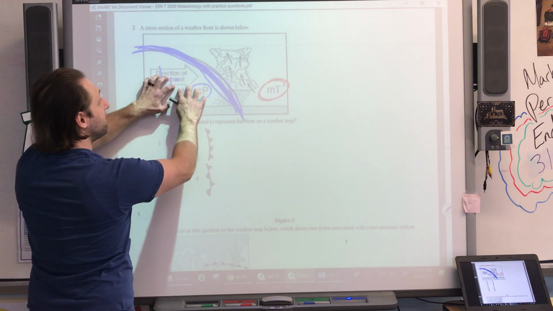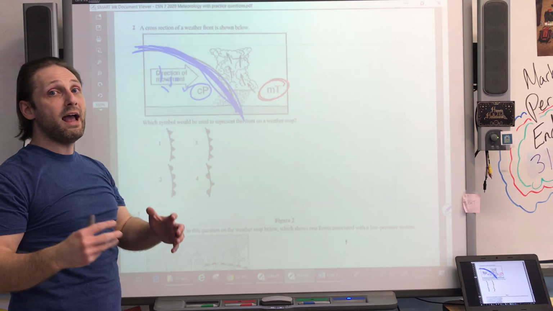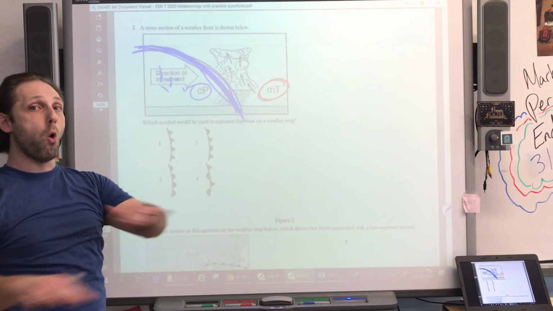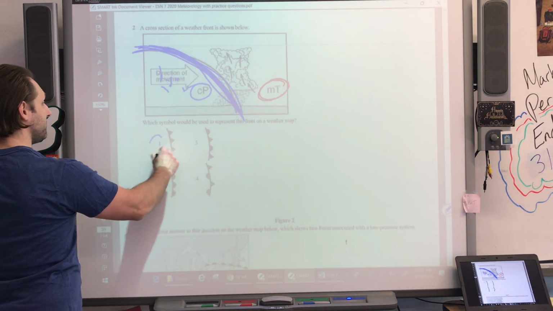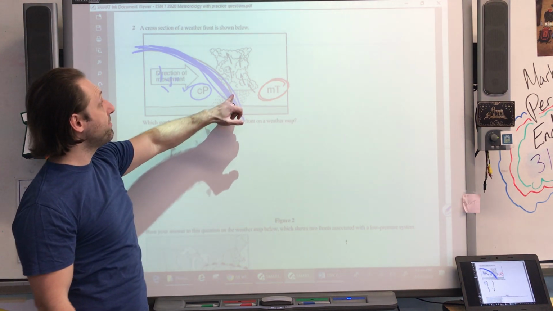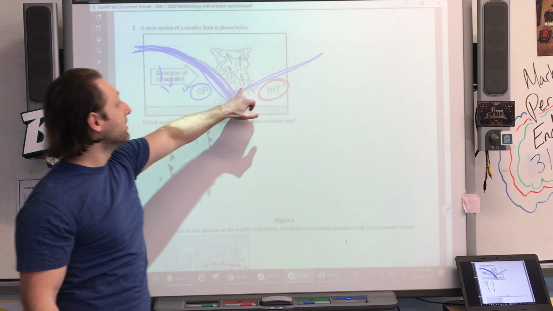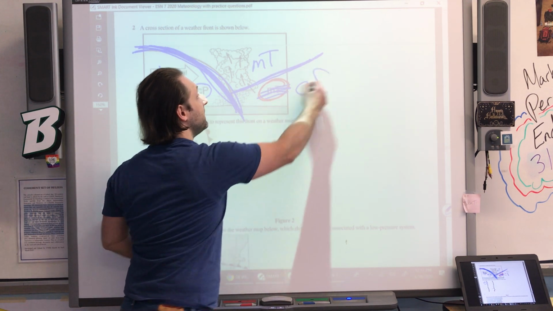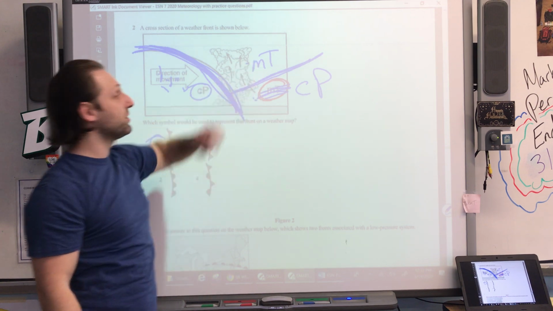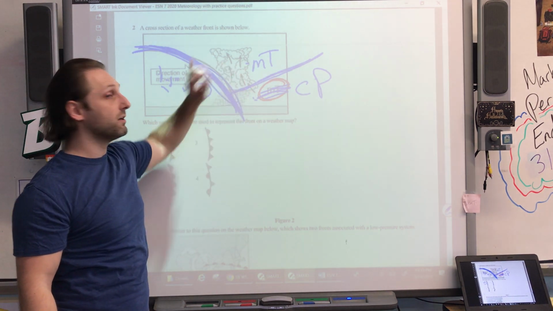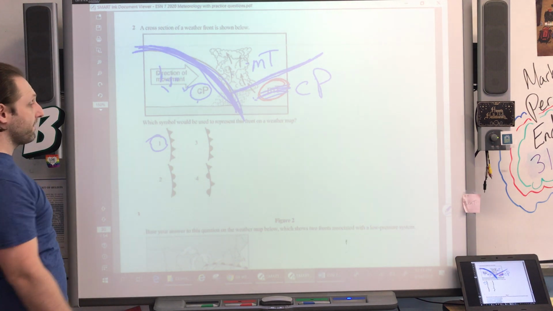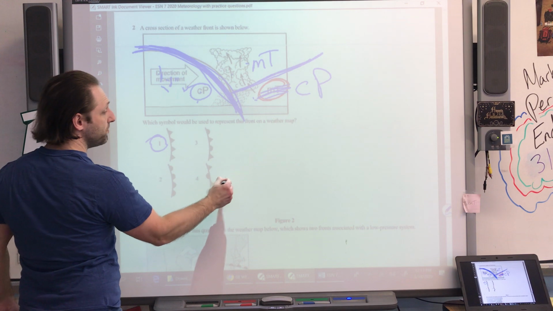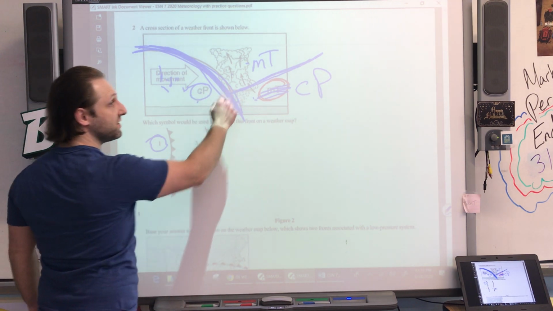So the front of this air mass is cold and dry. So it should be a cold front only. Choice 1. Had there been one of these here, and then this was the MT, and this was a CP, now you've got the condition for an occluded, because they've met up with each other. Okay? So if the picture looked like that, this would be your answer only under this condition.